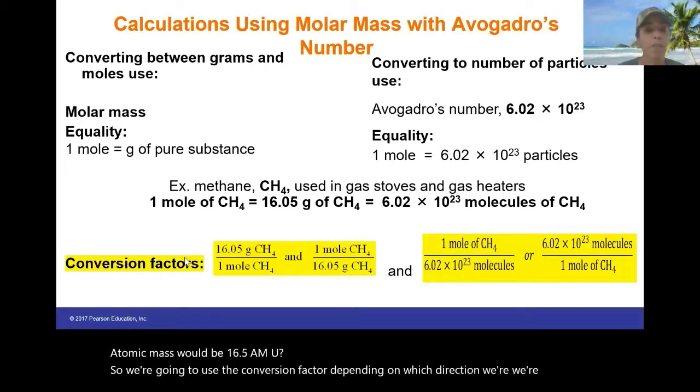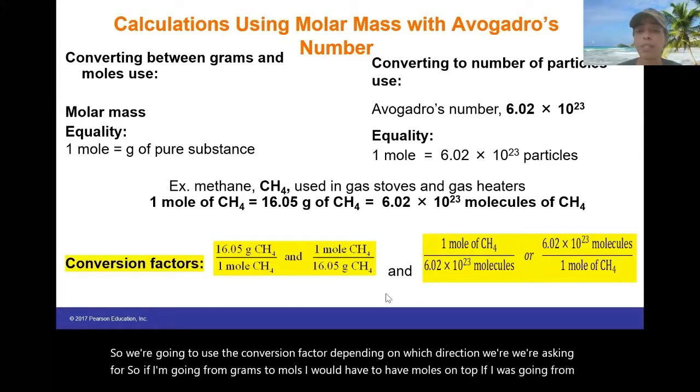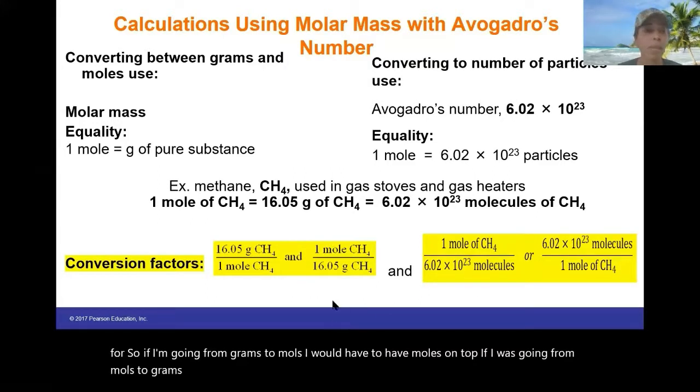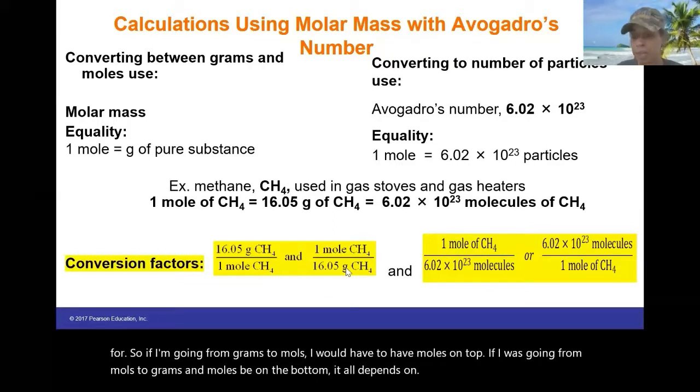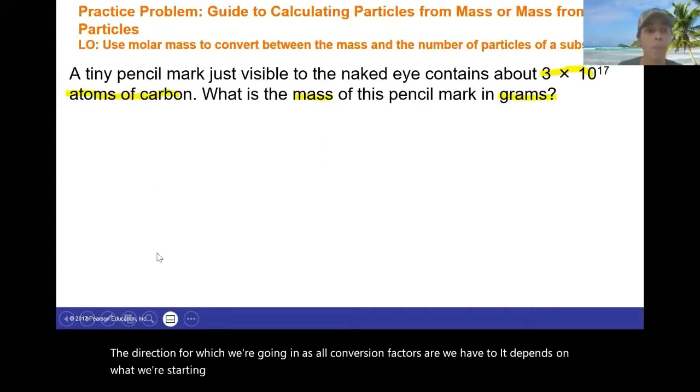If I'm going from grams to molecules, I would have to have moles on top. If I was going from molecules to grams, then moles would be on the bottom. As with all conversion factors, it depends on what we're starting with and where we need to go.